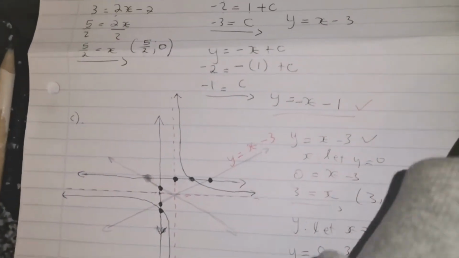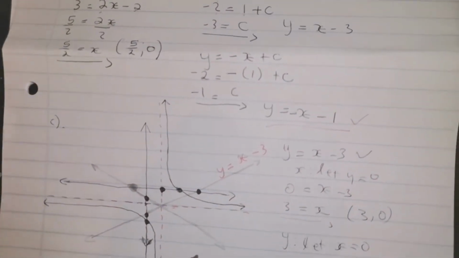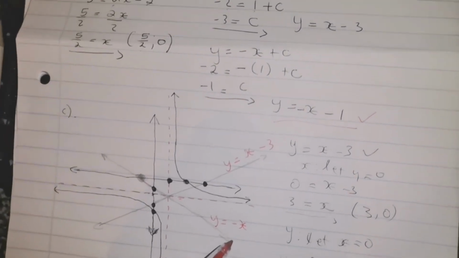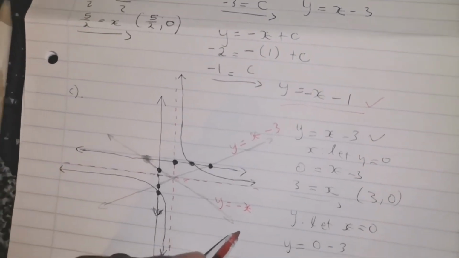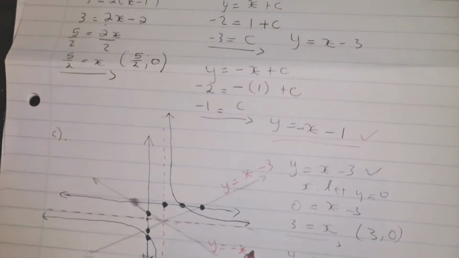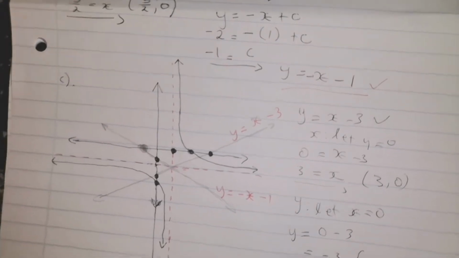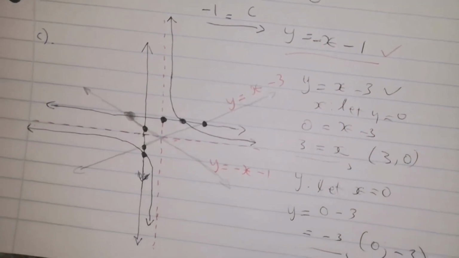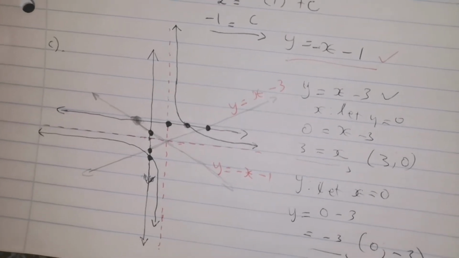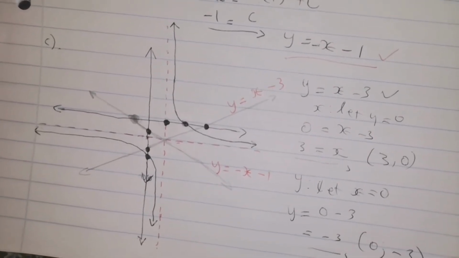So this graph is now y equal to negative x minus 1 again. Yes, guys. So sorry for the mistake I did. Hopefully next time, in the next example, I will not make a mistake when drawing the graph of this function.